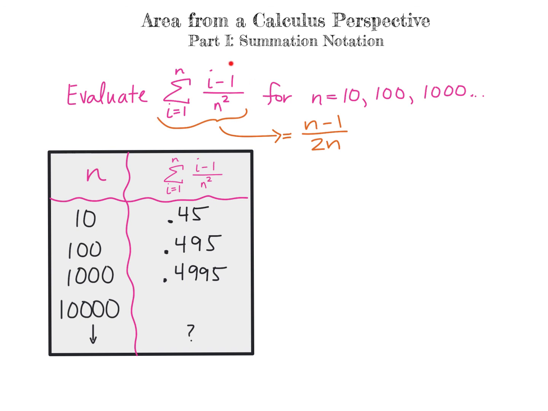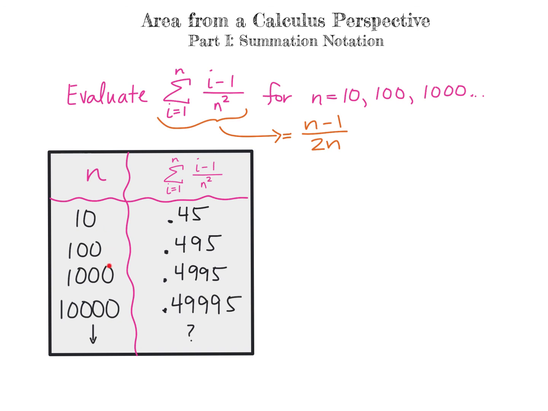We did find, using algebra and simplification techniques for summations here, that this summation actually simplifies to n minus 1 over 2n. We were then asked to plug in different values of n to see what happens as n approaches positive infinity. When we plug in these 3 values of n, we get the following outputs. Then if we plug in 10,000, we do see a pattern here, and it is true that we'll get 0.49995.